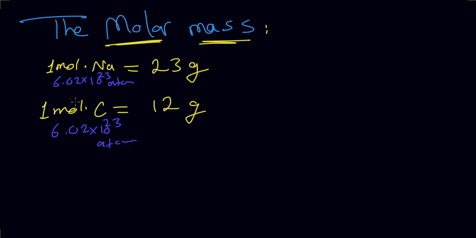So the number of particles is the same, but their grams are different. Why? Because their atoms are different.